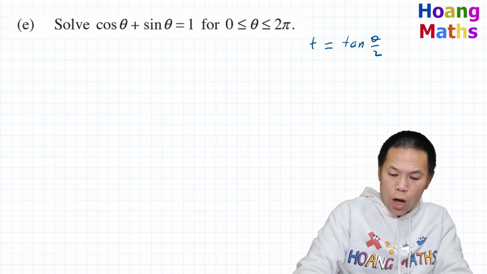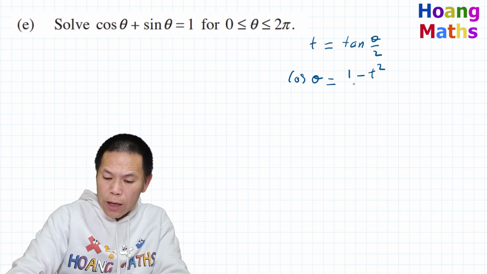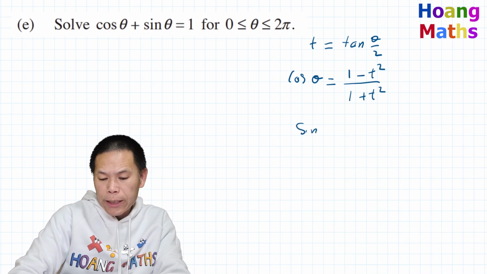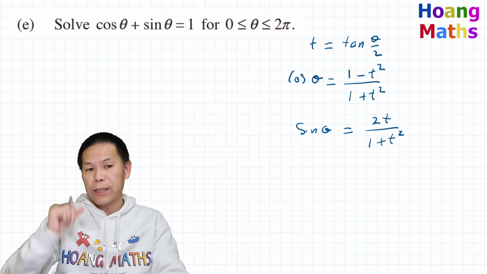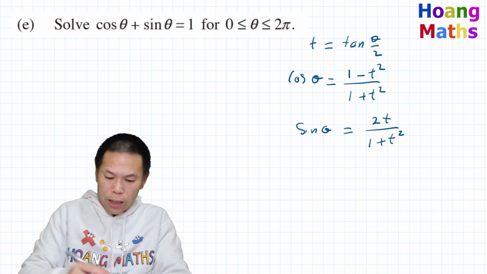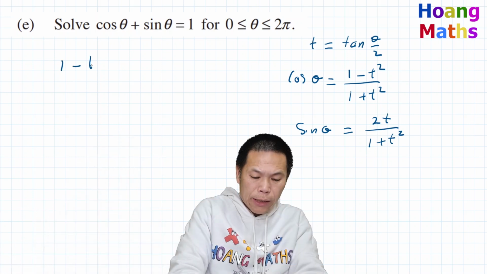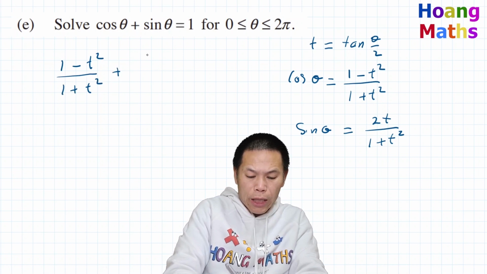So now cos theta is 1 minus t squared over 1 plus t squared, whereas sine theta gives us 2t over 1 plus t squared. Okay, that is from the references. So what I do now, I just substitute this in. So cos theta, that is 1 minus t squared over 1 plus t squared, we add sine theta, that is 2t over 1 plus t squared, which is equal to 1.